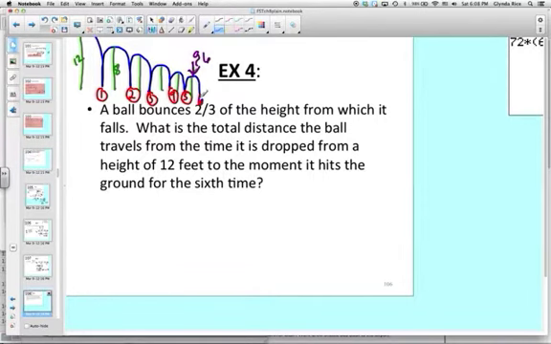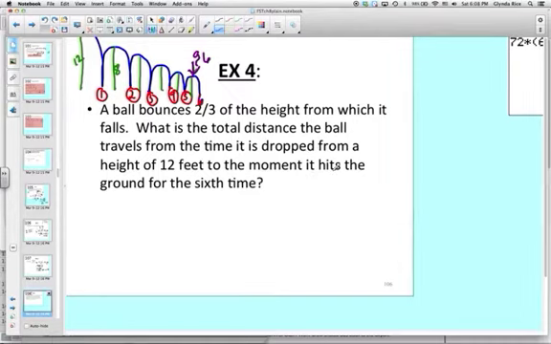Let's get a pattern. So when it's going to hit the ground the 6th time, that's the 6th thing. Notice one other thing. Every time it goes up, it comes down. Imagine that, gravity. Except for the first time, it drops in the first time. So we have one length of 12, two lengths of 8, two lengths of whatever this is, two of that, two of that, two of that.